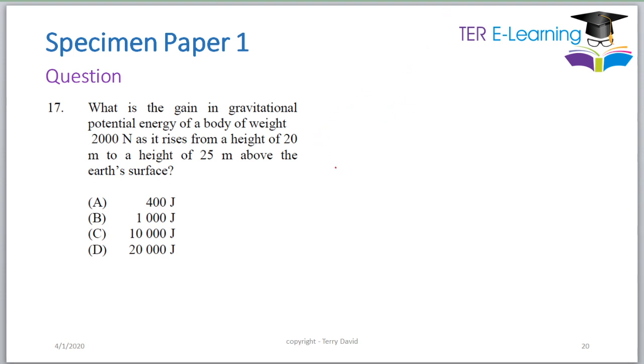So what they're trying to say is that we had an object initially 20 meters above the Earth's surface, and we moved it upwards to a height of 25 meters. So the actual change in height of the object is really 5 meters.